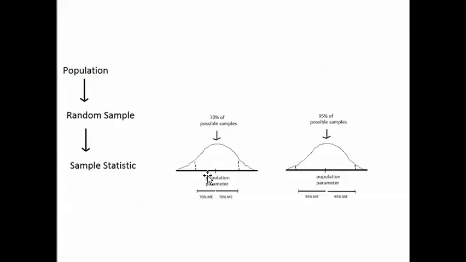In this diagram, I'm just helping you get an idea of where the probability comes from. The probability that the sample statistic will fall in a certain area depends on the percentage of possible samples that are inside that area. So let's now move on to how the margin of error is actually calculated.